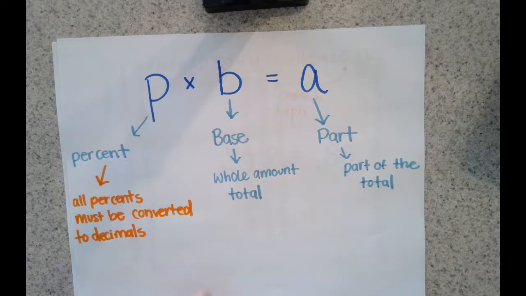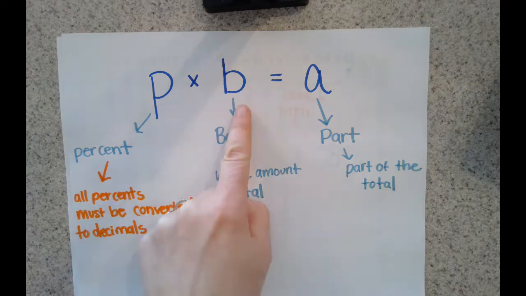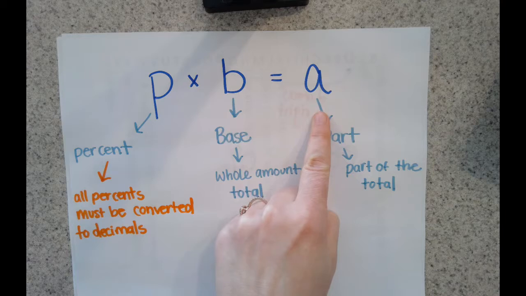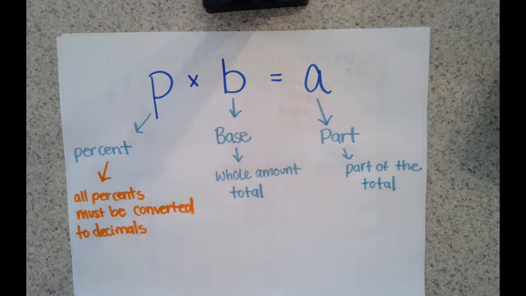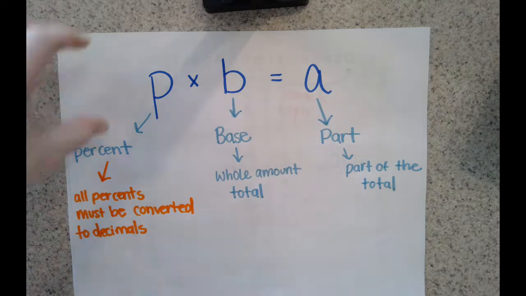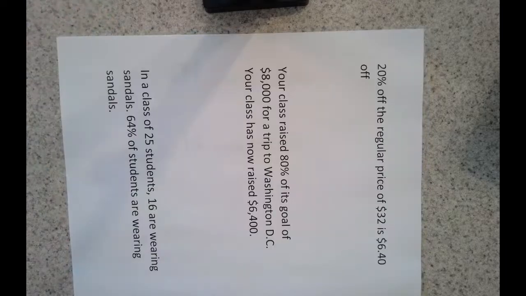So we're going to be looking at a bunch of different real life scenarios and identifying in this scenario what number is the percent, what number is the base, and what number is the part. And it's really important to me that you guys can pick out which number represents which in a real life scenario.